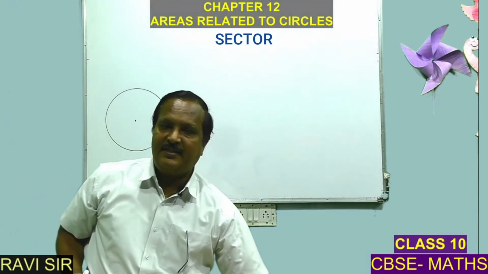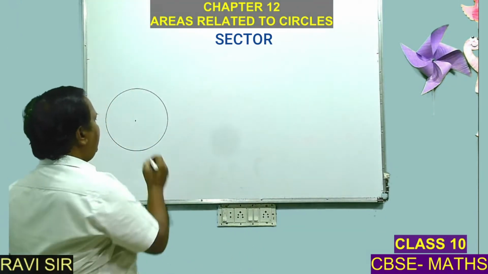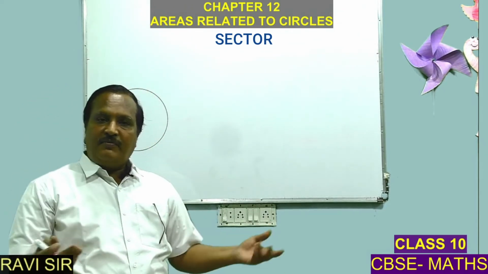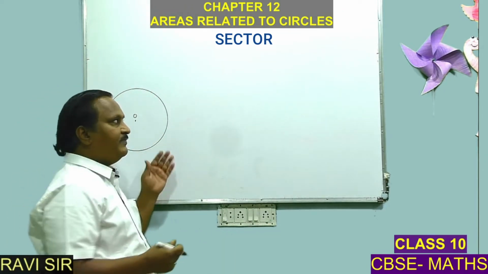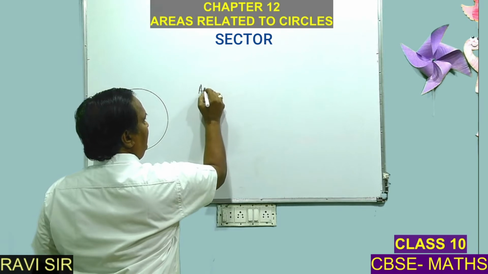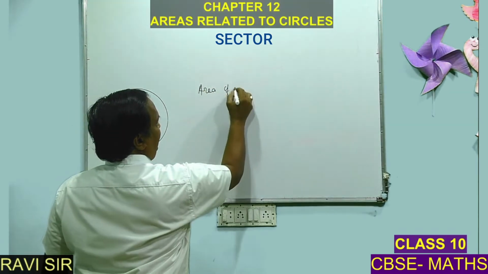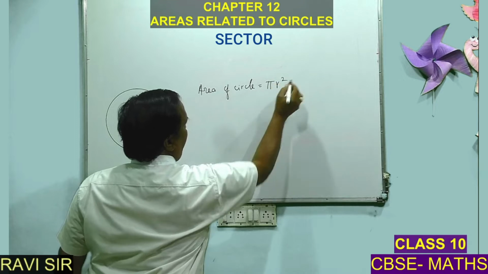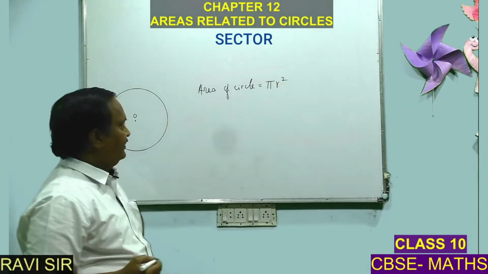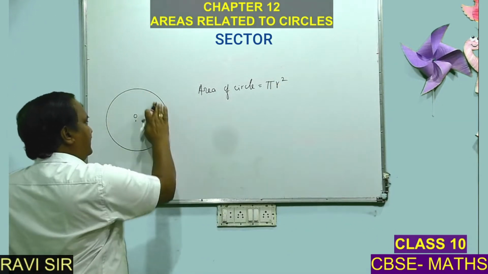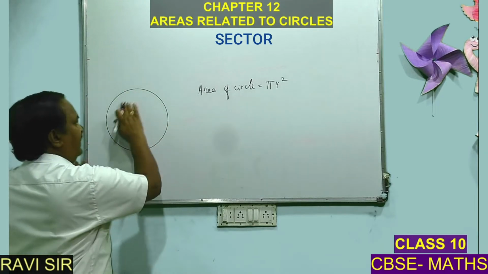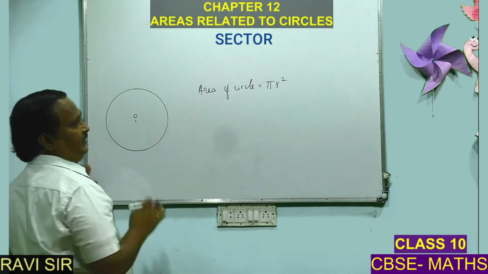So this is a circle with center, let us say O. Now all of you know the area of the circle. Area of the circle is nothing but pi r square, right. That means the space, the region included in the circle, this entire thing is the area of the circle, right.